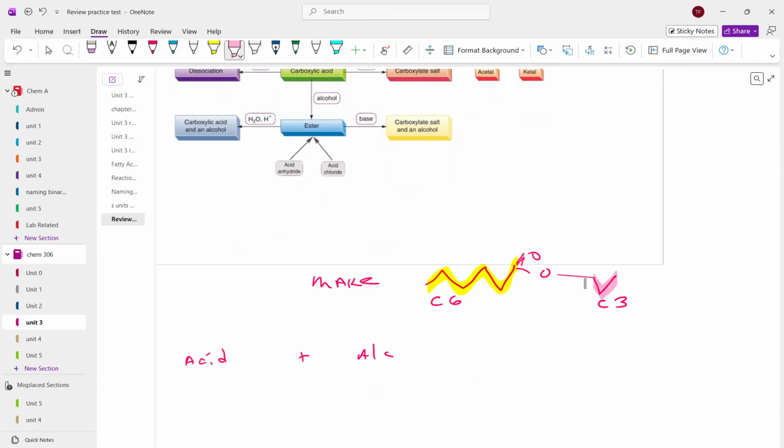So in this case, it's going to be hexanoic acid plus 1-propanol. Okay, that's the simplest way. Also, the least yield.